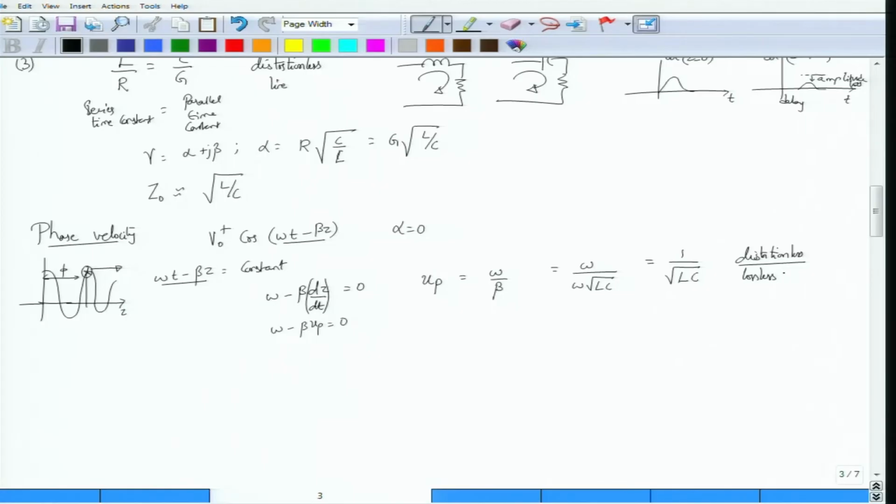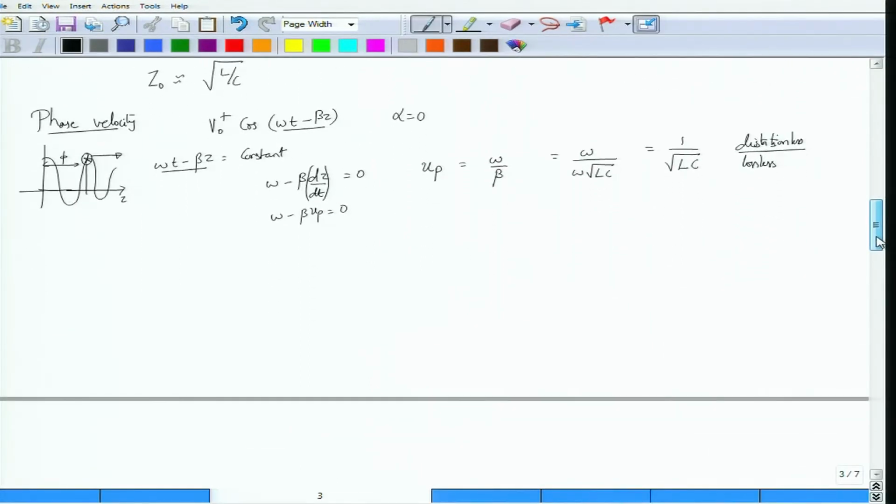Because in the distortionless line what you have is beta being some constant times omega. So it would actually be again real, and this is the reason why you have no distortion. If your phase velocity would start to depend on omega, then there would be distortion, something that we will come back to later when we discuss group velocity.